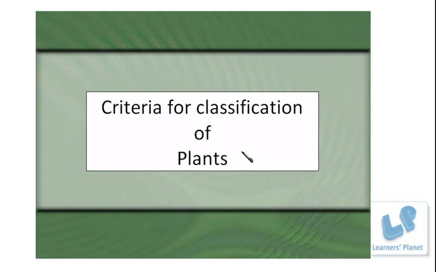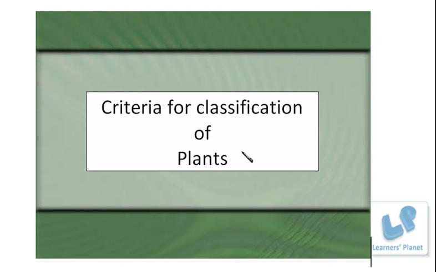Which organisms are considered to be plants? Number one, they have to be eukaryotic, then they are multicellular, right? Besides this, they are autotrophic and they have a cell wall. So this is the basic criteria to place any organism in the kingdom plant.